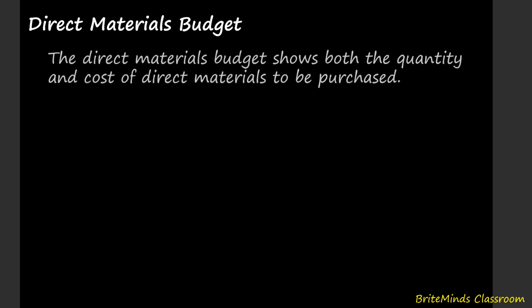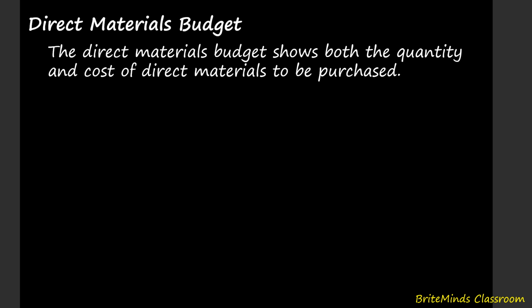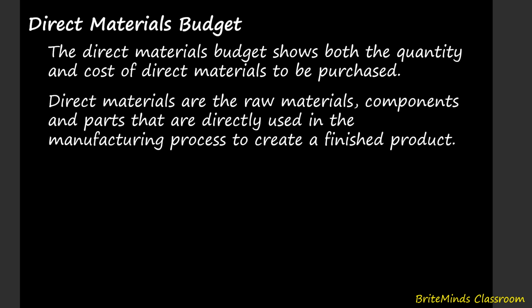The direct materials budget shows both the quantity and cost of direct materials to be purchased. When we say direct materials, these are the raw materials, components, and parts that are directly used in the manufacturing process to create finished products.